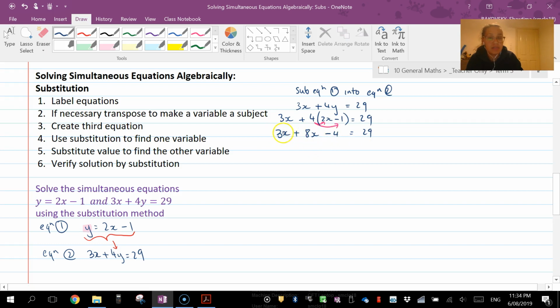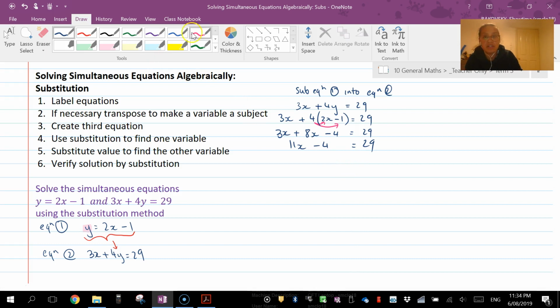Collect some like terms. So remember, takeaway order. You've got 3 apples, I've got 8 extra special apples, and you've got 3 extra special apples. Altogether we have 11 extra special apples. The 4 does not have any apples with it. You cannot add it.